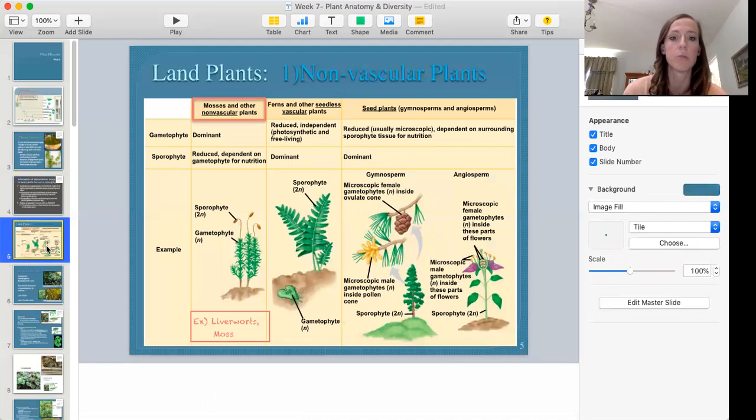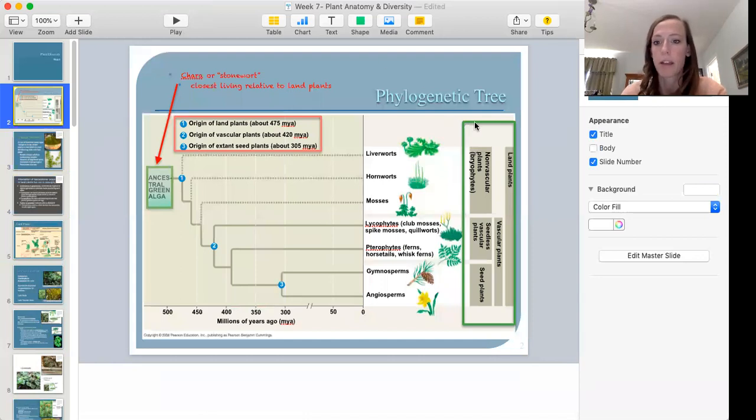And that brings me to this slide that gives a nice overview of which generation, the gametophyte or the sporophyte, is dominant in each of our different clades of land plants. So you'll see here in the first column, there are mosses and other non-vascular plants. That was our lowest level of plants, developmentally.